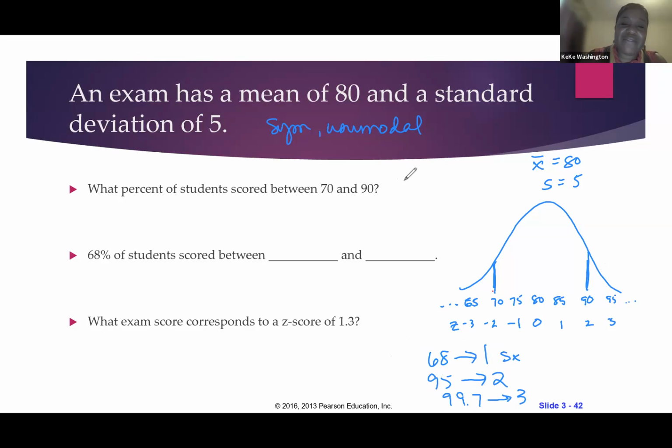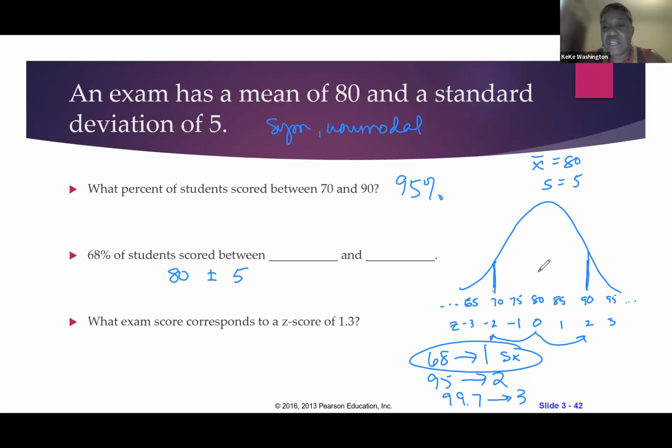Therefore, 95% of students scored between 70 and 90, because that represents 2 standard deviations away from the mean. 68% of students scored between what values? Well, 68% represents 1 standard deviation away from the mean. So I take the mean and I add and subtract 1 standard deviation. 1 times the standard deviation is just 5. So that's what we did here, 75 to 85.